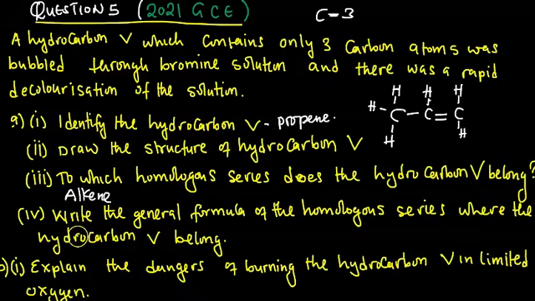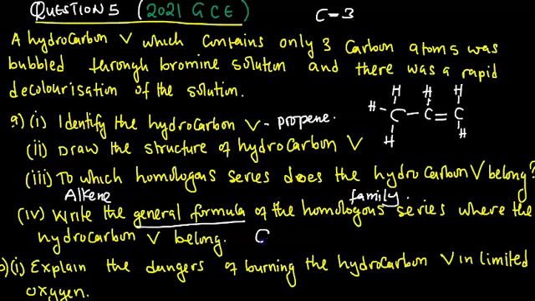Okay, so what about question 4 on this A? Write the general formula of the homologous series to which this hydrocarbon belongs. If you are told to write the general formula of the homologous series, the family to which this one belongs, you are simply looking at the general formula for alkenes.